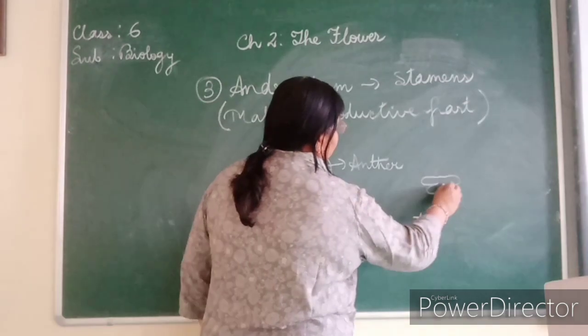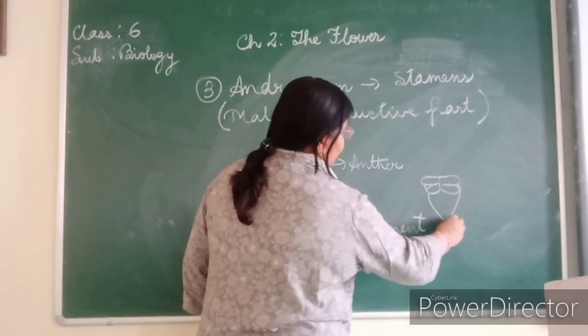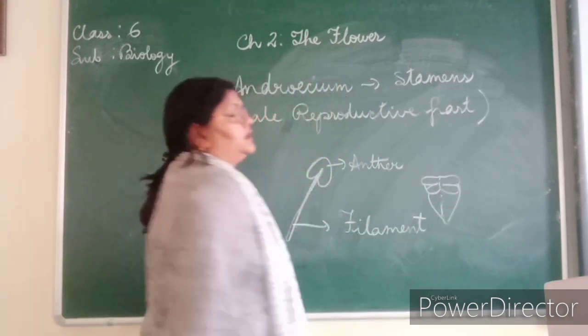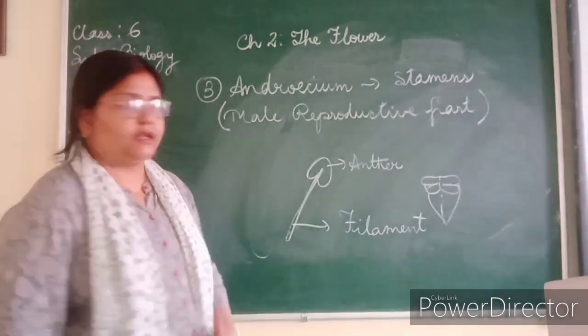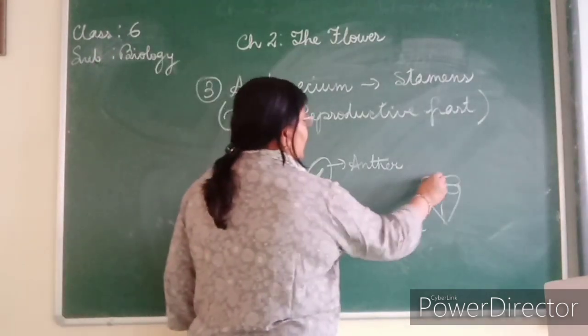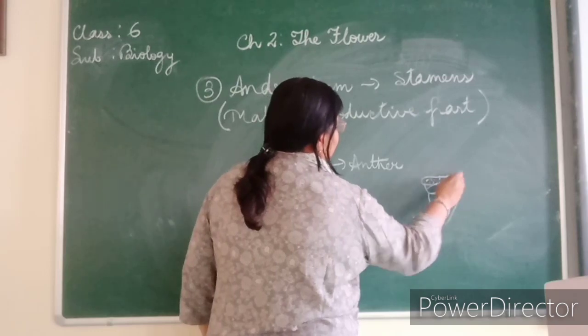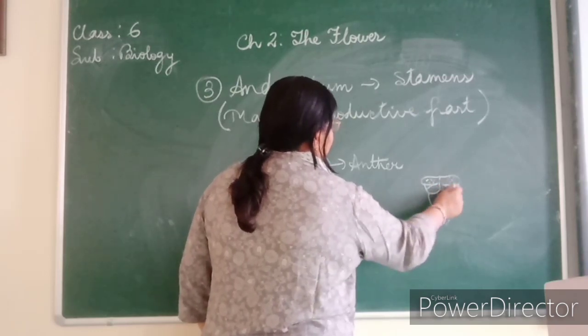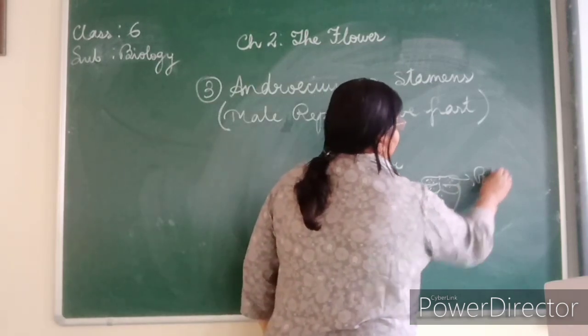We find that there are some lobes in it, some pocket-like structures. In those lobes are yellow powdery structures called pollen grains.